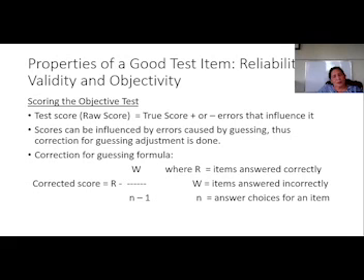Therefore, his raw score will be a representation of his true score plus what he got from his friend.